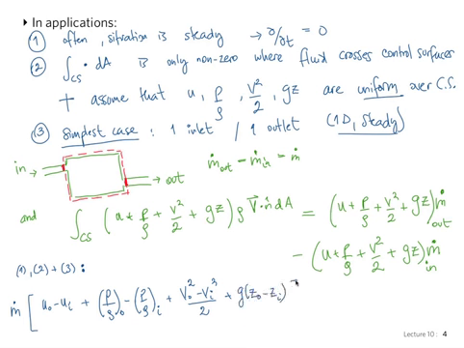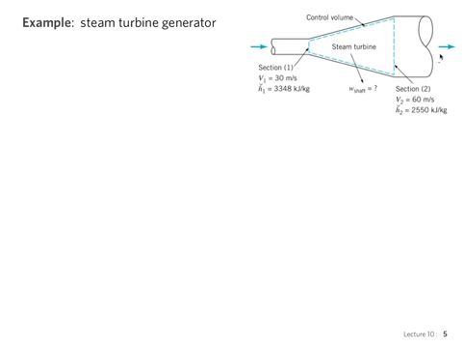Velocity is 30 meters per second. The enthalpy at station 1 is 3348 kilojoules per kilogram, so units of energy per unit mass, of course. And we also have steam leaving the exit of the turbine. Usually that's going to be like a mixture of steam and water. It leaves with a velocity of 60 meters per second in section 2 and an enthalpy of 2,550 kilojoules per kilogram.